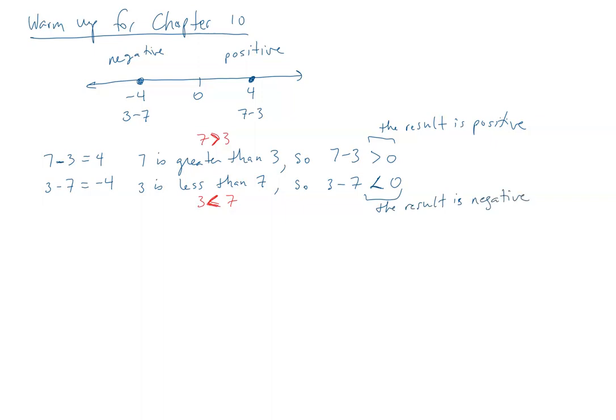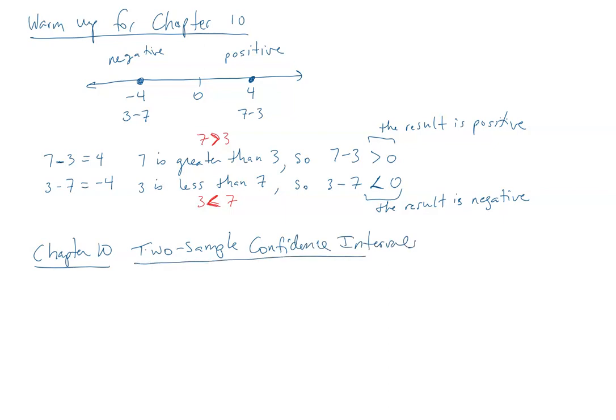All right, so what does this have to do with chapter 10? In chapter 10, we're going to look at two sample confidence intervals, and we're going to use them to compare two population means or two population proportions.